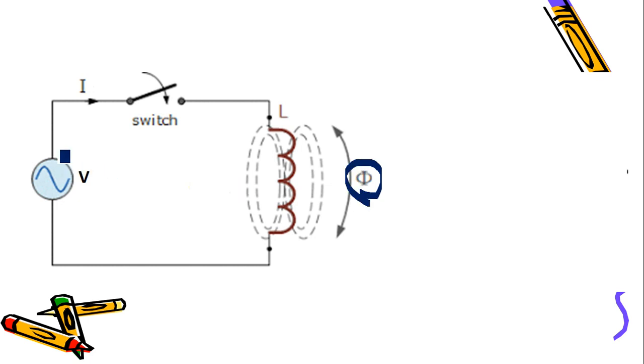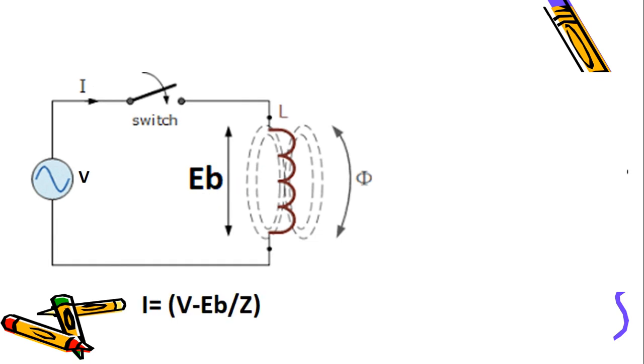And how can the current be calculated in this condition? It depends on some back EMF. When the current is flowing, it creates a voltage across this inductor, which we can call back EMF. So the current will depend on the difference of voltage, that is the circuit voltage, V minus EB, divided by impedance.